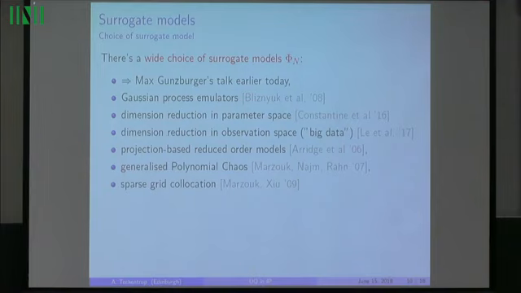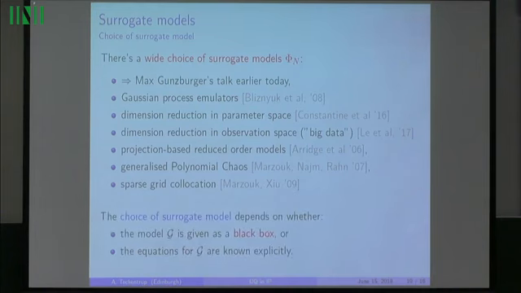We had a talk by Tan Bui about that in the 3rd workshop. Then there's these projection-based reduced order models. Then there's things like generalized polynomial chaos and sparse grid collocation, which are more methods from the applied mathematics community. Okay. So you can use any of those really. Which ones you use, again, depends on your application. So different methods are appropriate for different applications.